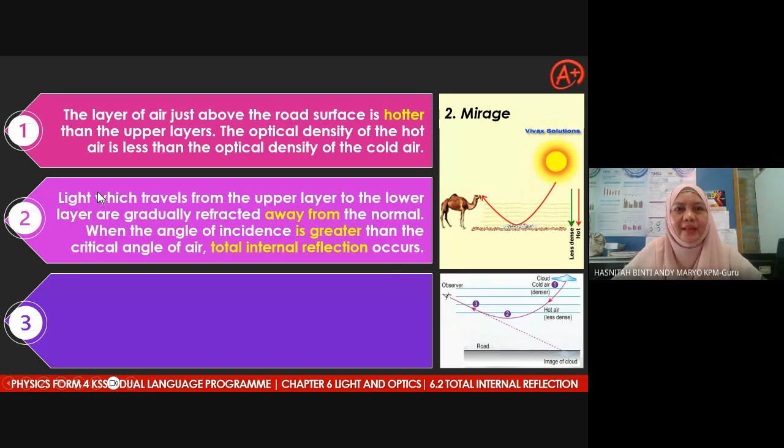So light travelling from the upper layer to the lower layer is gradually refracted away from the normal.